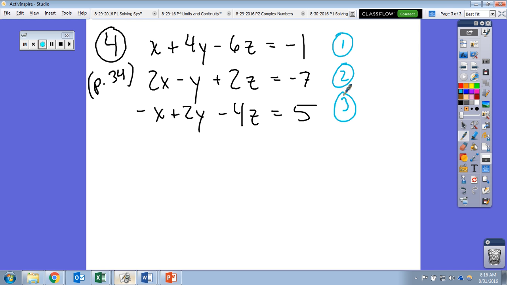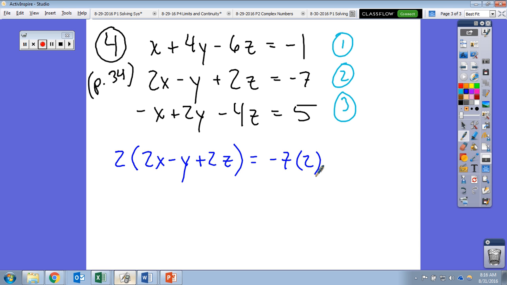So let's do that. I'm going to do 2 times this equation. I'm going to do it in blue because I'm going to leave the black as the original given. So 2 times 2x minus y plus 2z is equal to negative 7 times 2.